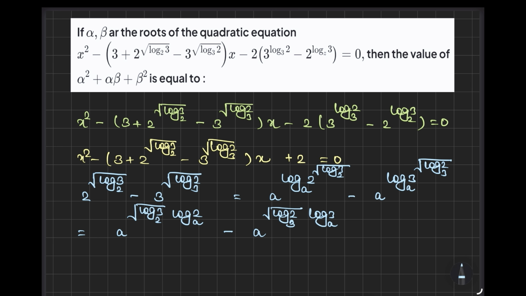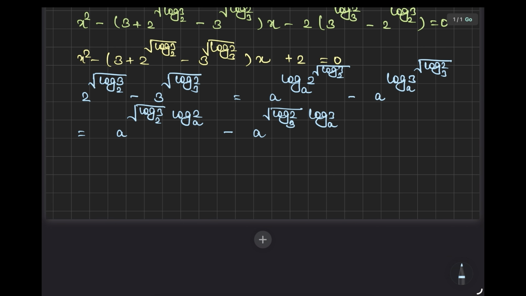Now look at what I will do. Can I break down this thing as log 3 by log 2? So a power root over log 3 by root over log 2, and I'll do the same with this part as well.